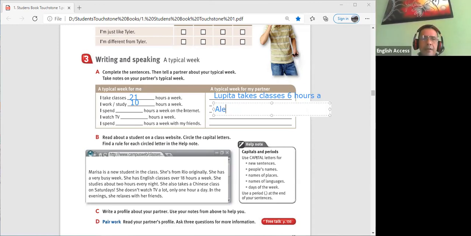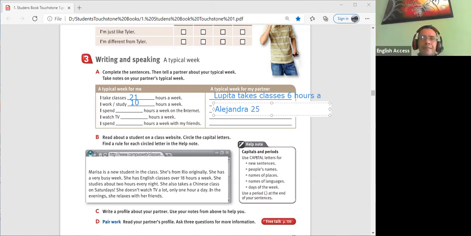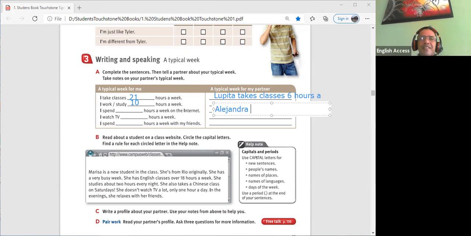Alejandra? 60? No, 15. Ah, ya me enredé con los números. 15. 15.